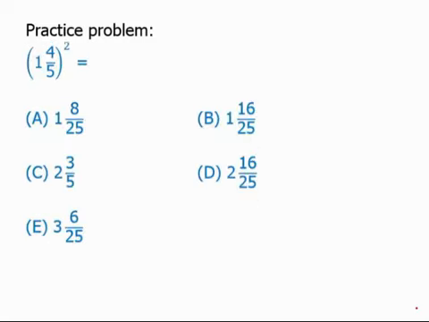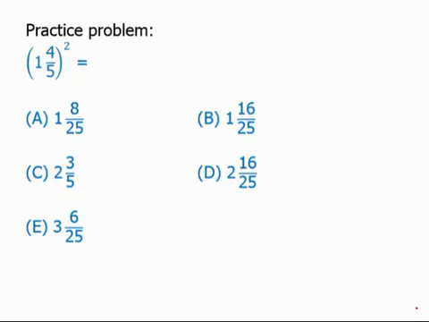Finally, another problem of this ilk. Pause the video and then we'll talk about this. Again, the same sort of thing. What we're seeing here is we have 1 and 4/5, a mixed numeral, squared. Well, no one can square a mixed numeral.